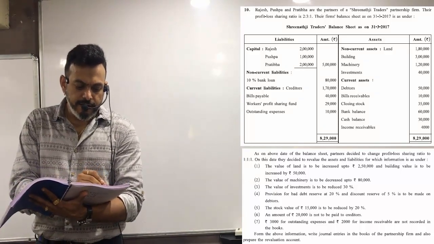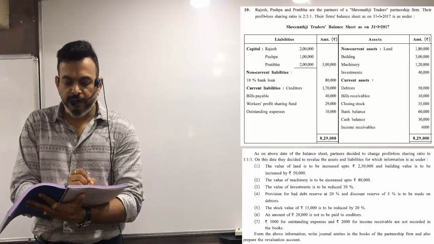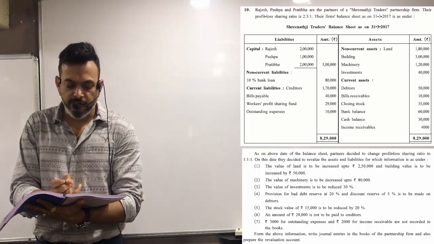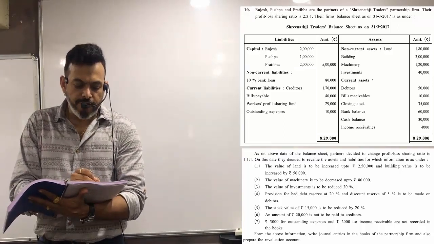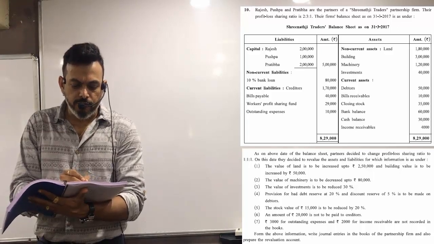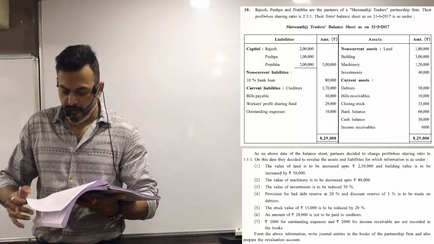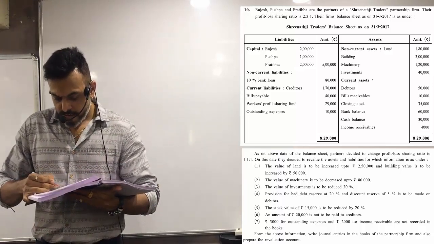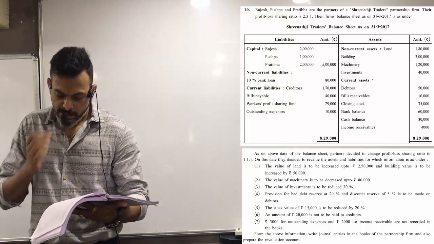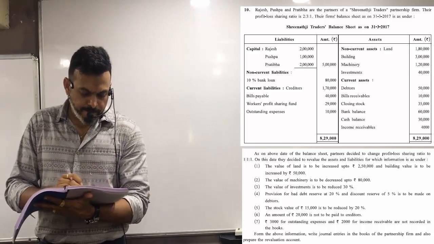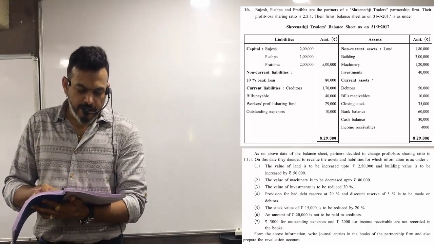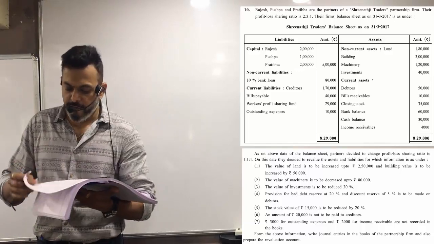On this date, they decided to revalue the asset and liabilities, for which information is as under. The value of land is to be increased up to 2,50,000 and building increased by 50,000. Tick land, tick building. The value of machinery decreased by 80,000.